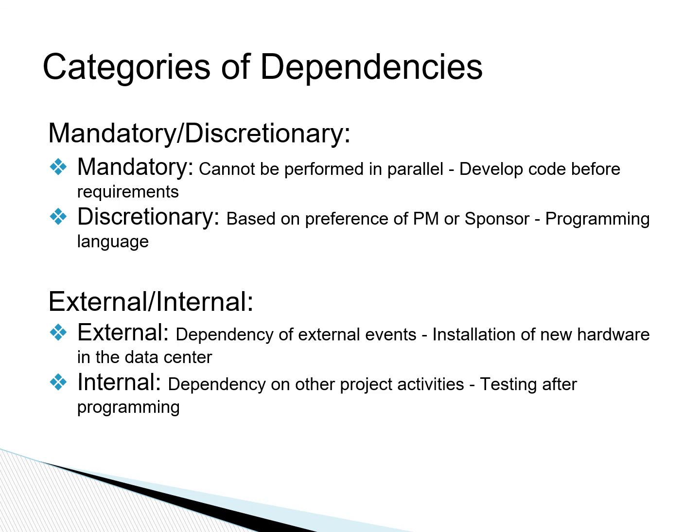An activity within the project, such as the dependency of testing on programming, that's an internal dependency. So we cannot test if new code or module is not developed or is not in place. So that would be an internal dependency that we have in the project.